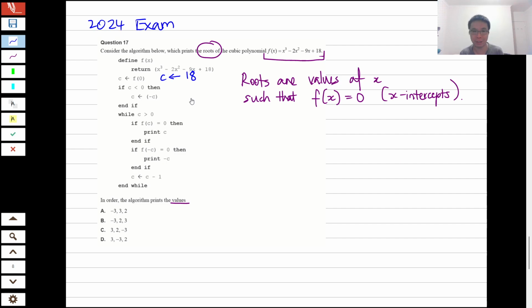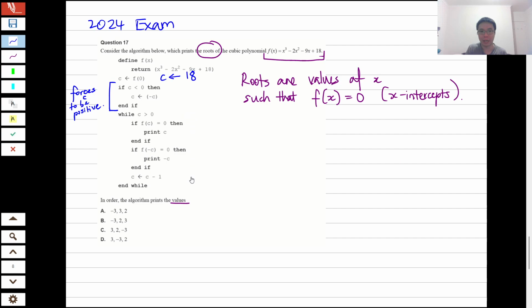So the program starts at 18. Now, if it's negative, we change the sign. So this line forces c to be positive. It isn't, but for whatever reason, we might want to do that if we chose a different polynomial, f.